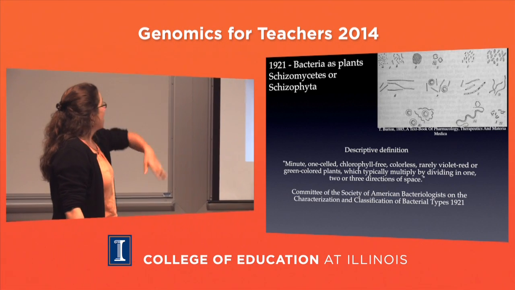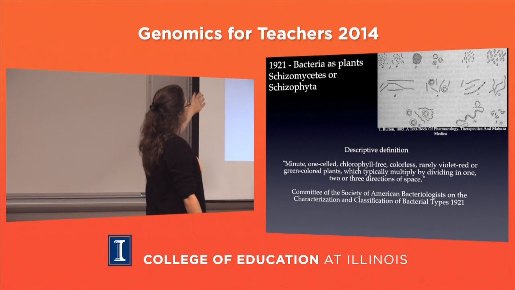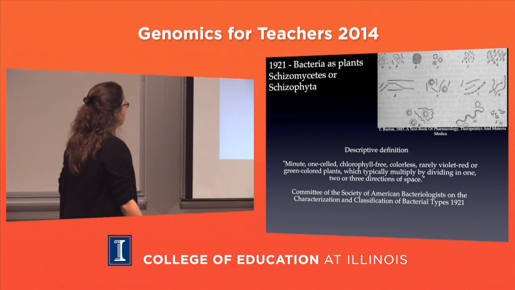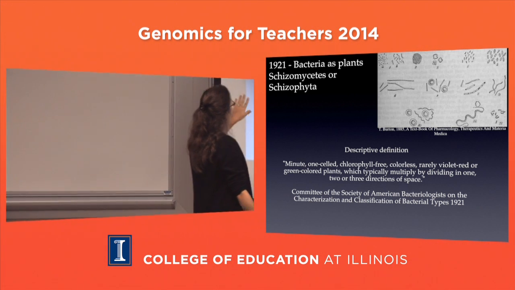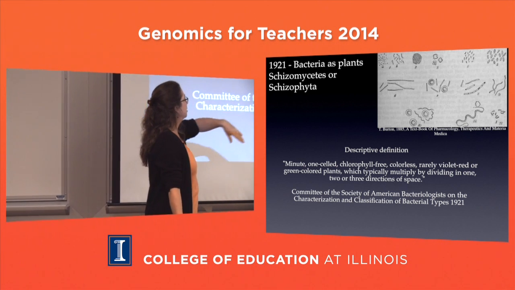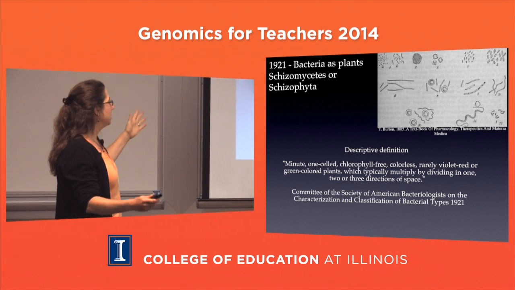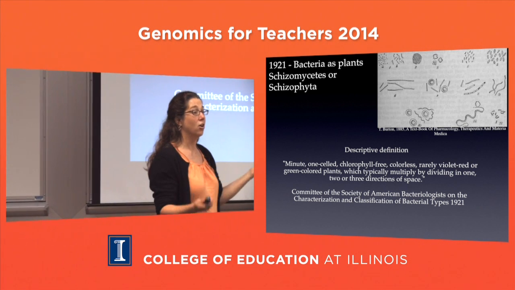Even now, fast forwarding to 1921, we still have this description of microorganisms that's not really clear where they go, but for a while they were in plants. So: minute, one-celled, chlorophyll-free, colorless, basically these descriptions, and they're kind of being put in plant-like groups, but they didn't really know at all what they are.